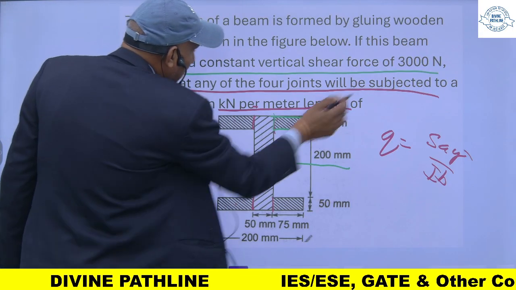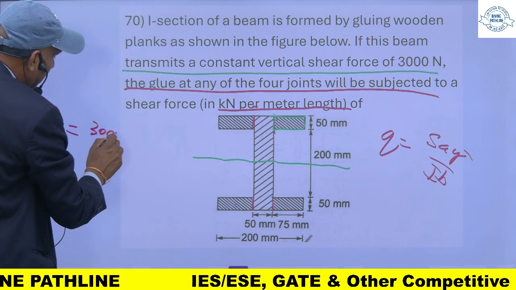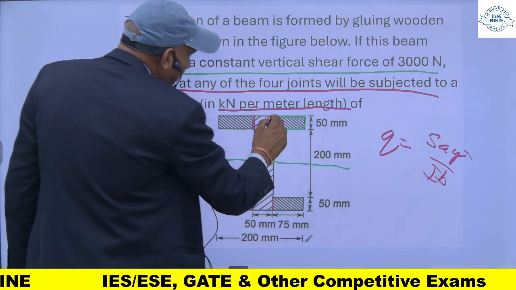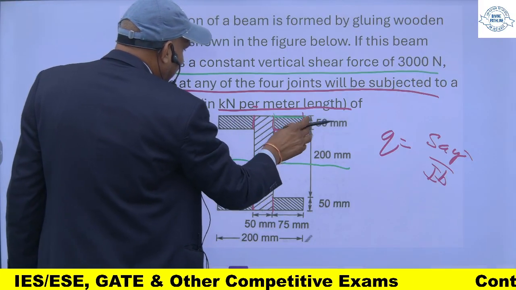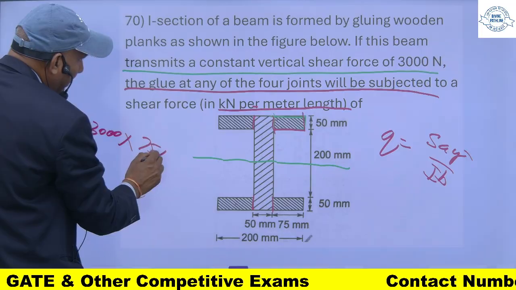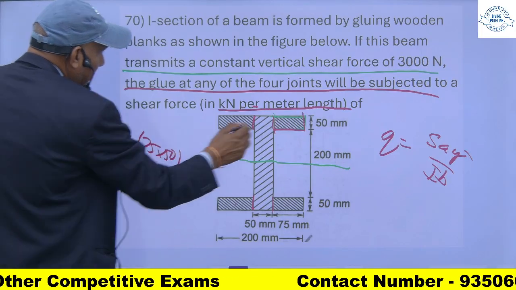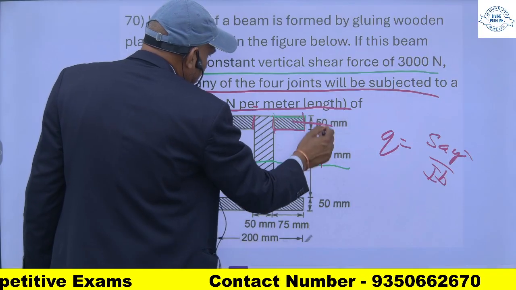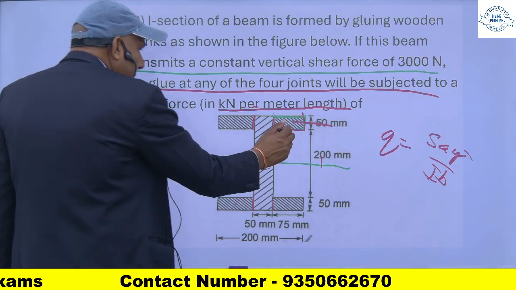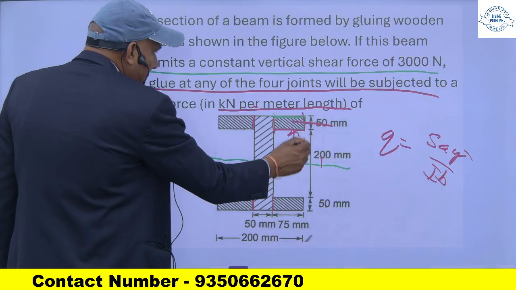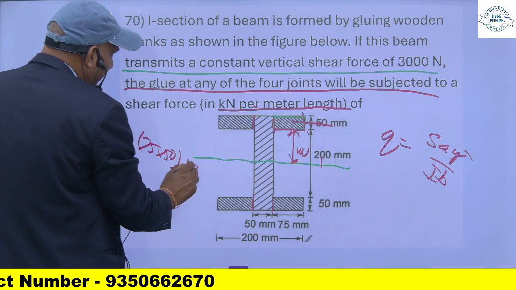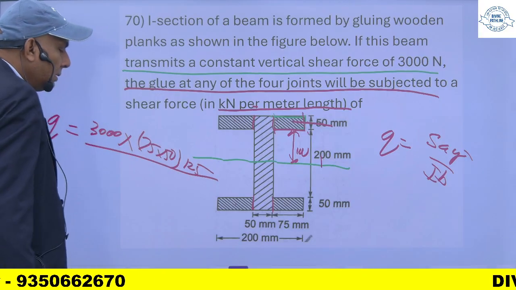Shear force is 3000 Newton. Area of this portion is 75 into 50, into its distance from the centroid to this, which is 100 plus 25, means 125, upon I.